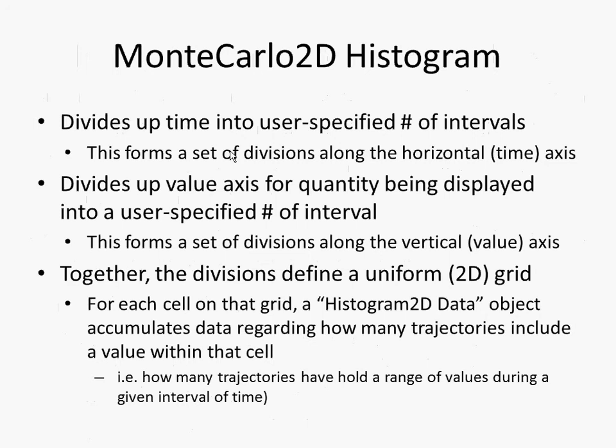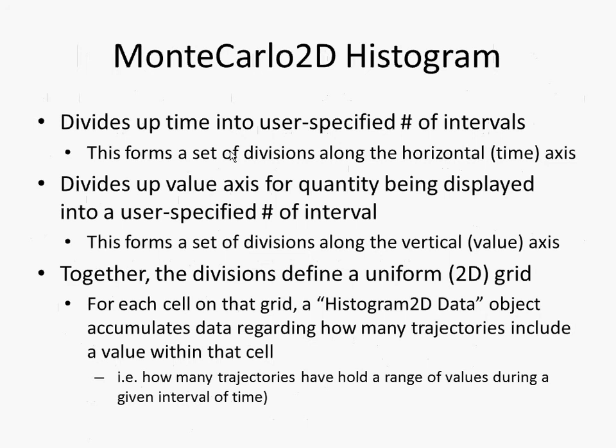Within this construct, it divides up time into a user-specified number of intervals, and then you divide up the values. Maybe you're looking at prevalence of infection over time. So you divide up time into a set of intervals, and prevalence of infection, maybe from 0 to 0.2, 20% of the population, divided up into increments of 1%, 2%, 3%, etc. And these divisions define a uniform grid.